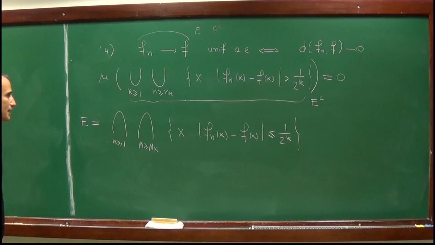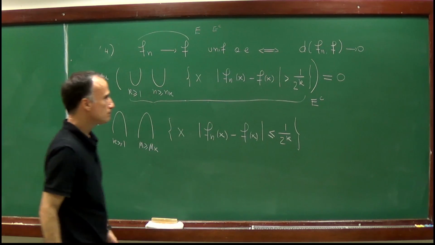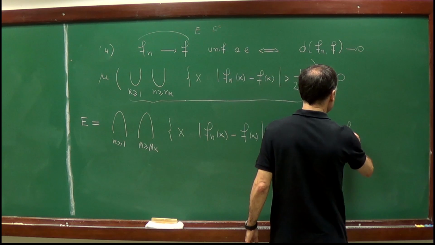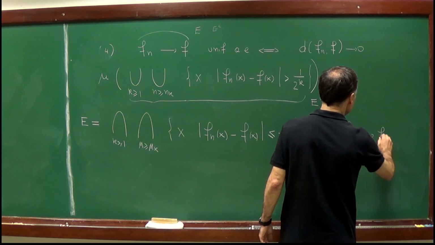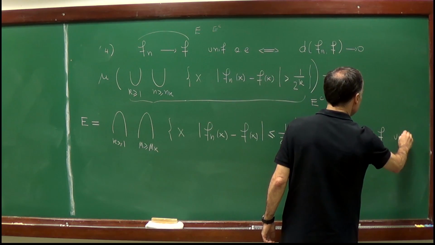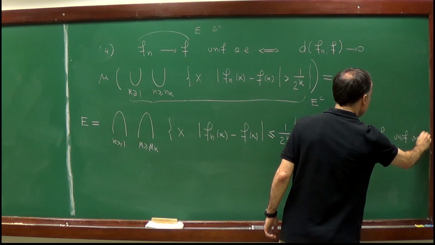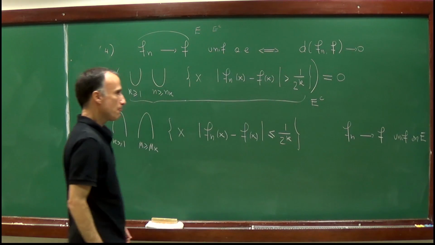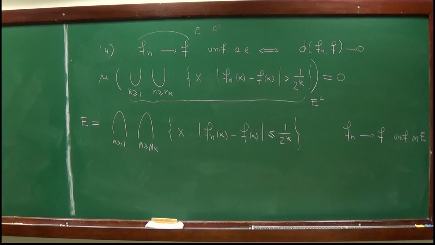So this is my set E, and now I need to prove that Fn converges to f uniformly on E. Well, that should be easy to check.